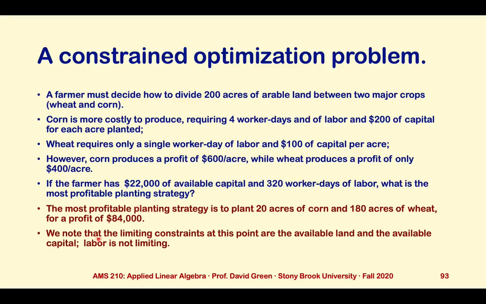Right? This not only tells us what the best planting strategy is for this year, but by looking at what the limiting constraints are, it would also allow the farmer to think about what might be the best strategy for next year. Right? He's limited in both land and capital.